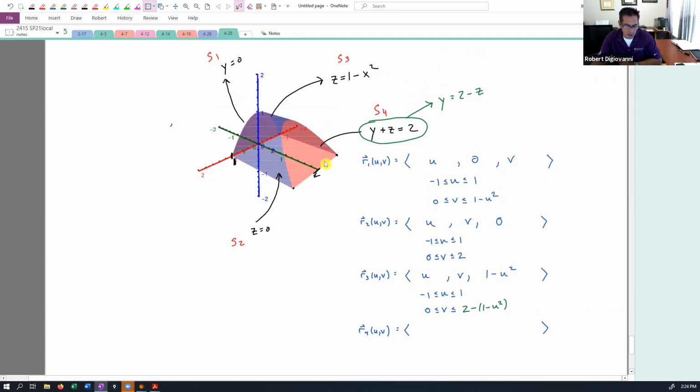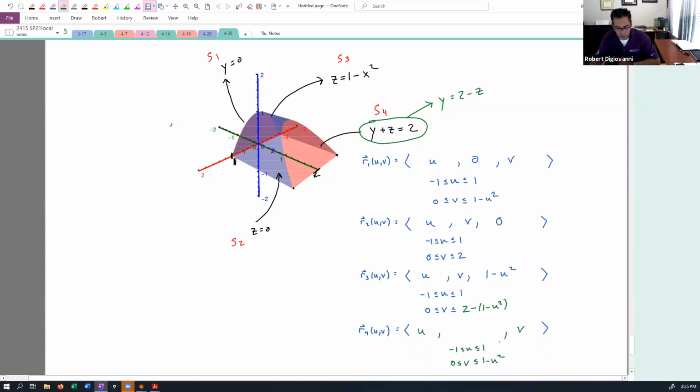How about the fourth one, the surface here? So I can do the same thing. The x's will be between -1 and 1. It's pretty much S1, isn't it? It's the same as S1, except I need to control the back and forth with this one. So I have to stick with u, v: -1 to 1 for u, and v has to be between 0 and 1 minus u squared.